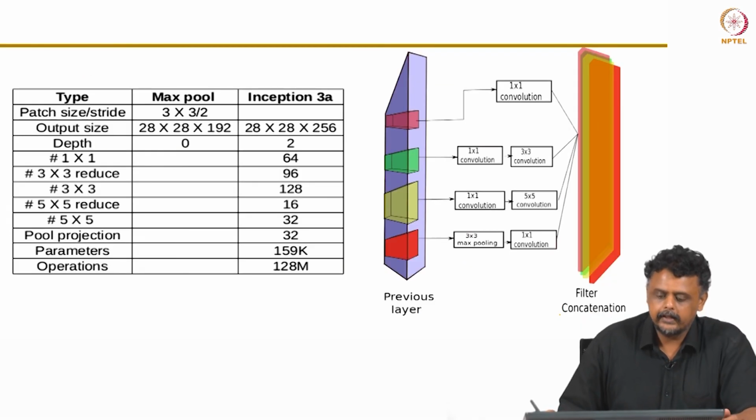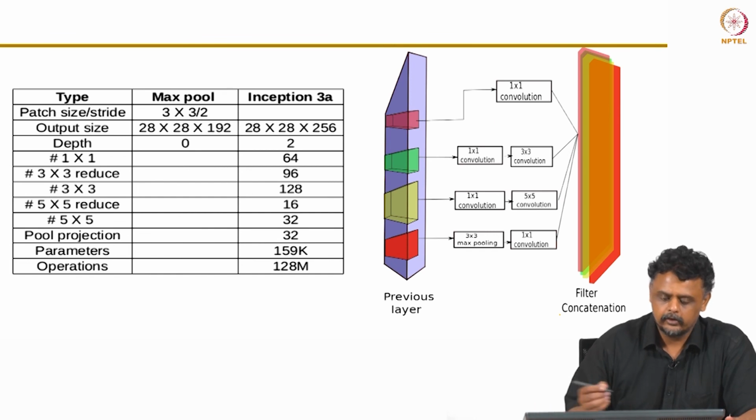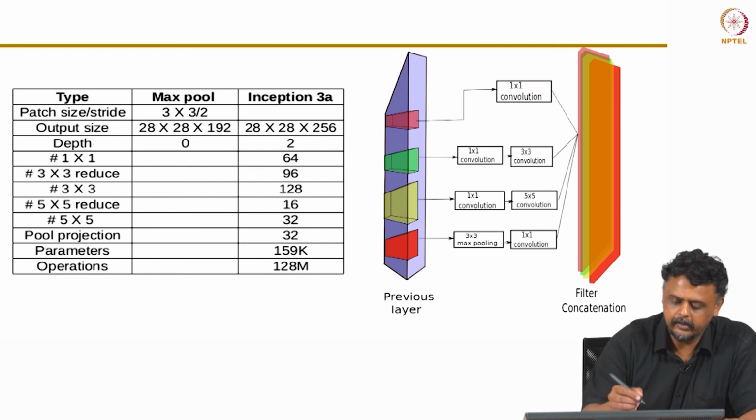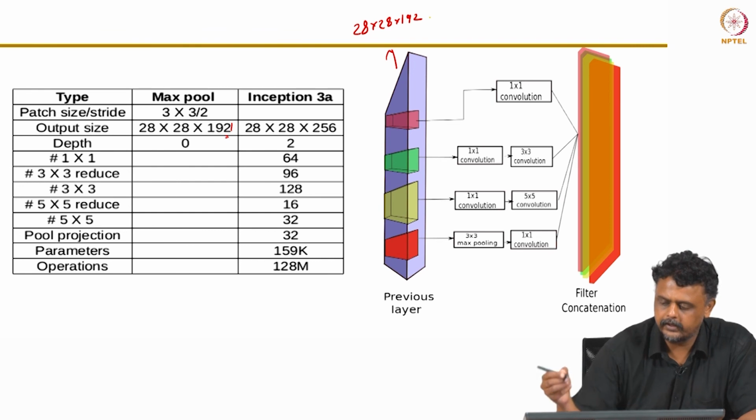So, we will look at the Inception 3A layer. The table is reproduced from the paper, it tells you the number of 1 cross 1, 3 cross 3 convolutions, etc. in every layer, okay. So, let us just go one layer by layer. The input to the Inception 3A layer is of size 28 cross 28 cross 192.